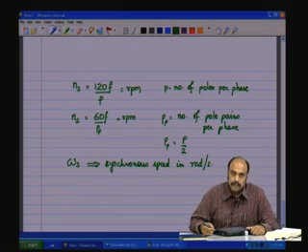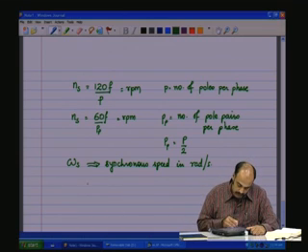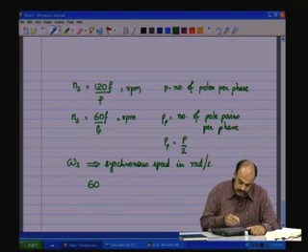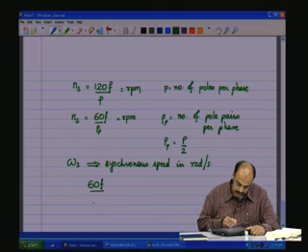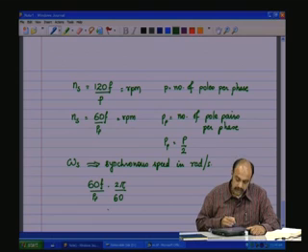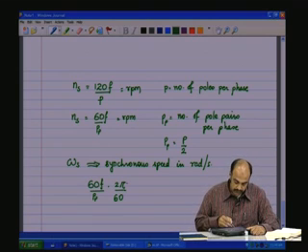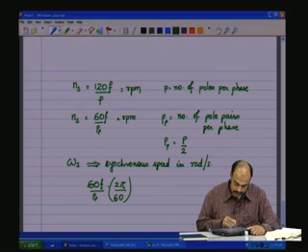So we have 60 f by pp, which is in rpm, and we want to convert into radians per second, so it becomes times 2 pi by 60. This we saw while doing the DC machines. Conversion from rpm to radians per second, you multiply by a factor of 2 pi by 60, and therefore you have 2 pi f by pp.